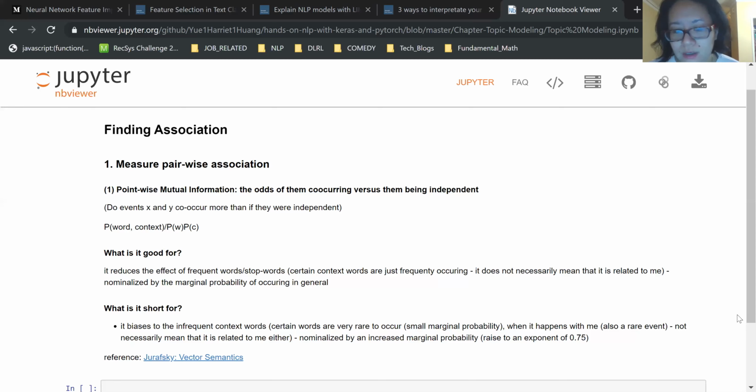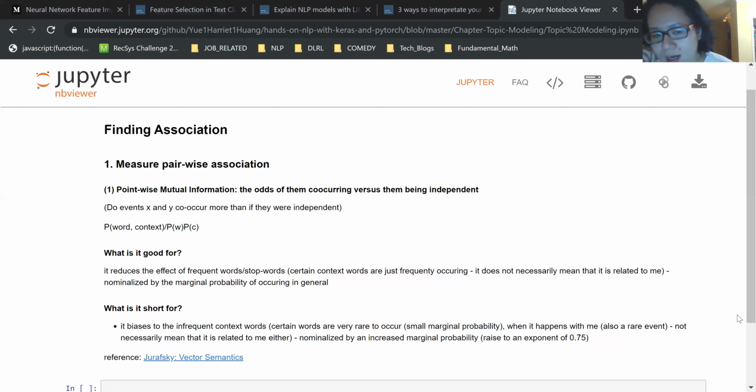So therefore, it's not that unusual to see it co-occur with any other thing. So you divide your co-occurrence probability by it, so if the probability of your frequent word is higher, then your PMI is lower, right?